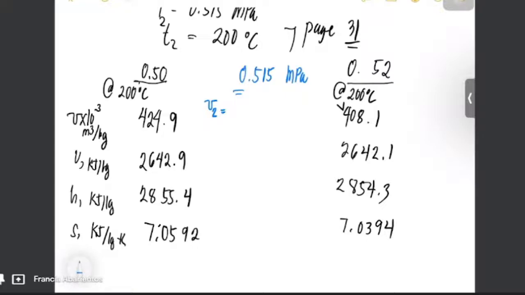Ito yung answer ko, iba. Okay, 412. Yung iba, sige nga class, pa-double check nga yung iba. Baka malito kayo class ha.